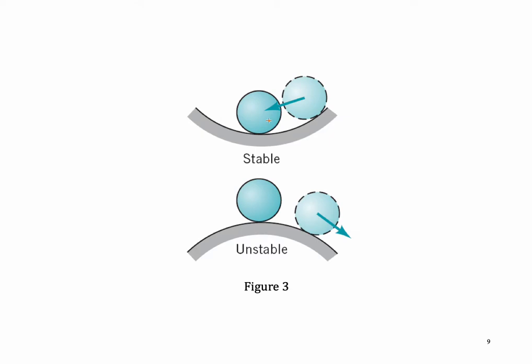This is the simplest example of stability. So if you have a curved surface like this, and then you have a ball located at this one, if you give this ball an external force, this ball will move like this.